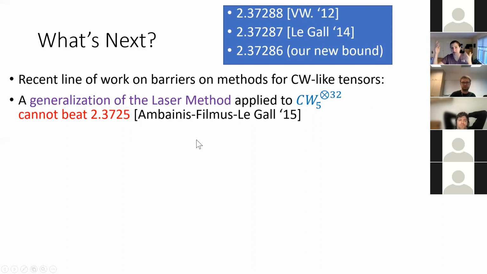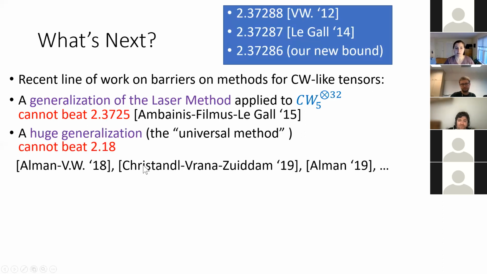The first paper in 2015 showed that a certain generalization of the laser method applied to this particular tensor, the 5th Coppersmith-Winograd tensor to the 32nd power, will not be able to beat 2.3725. So unless you do something slightly different than the laser method, you won't beat this.